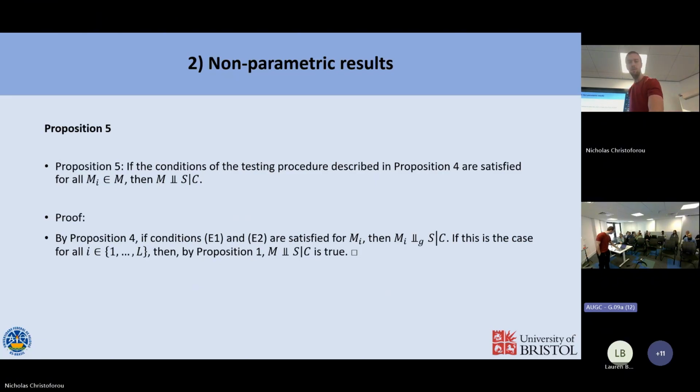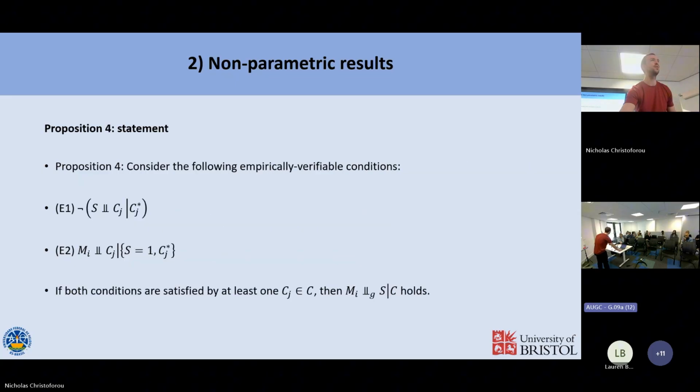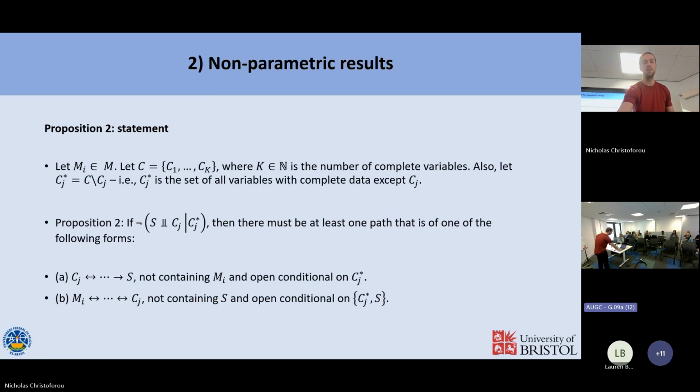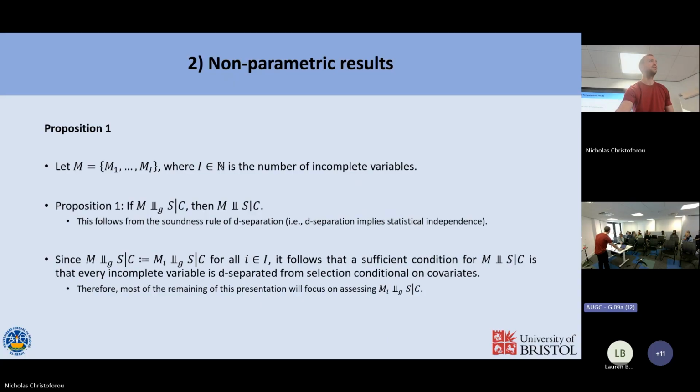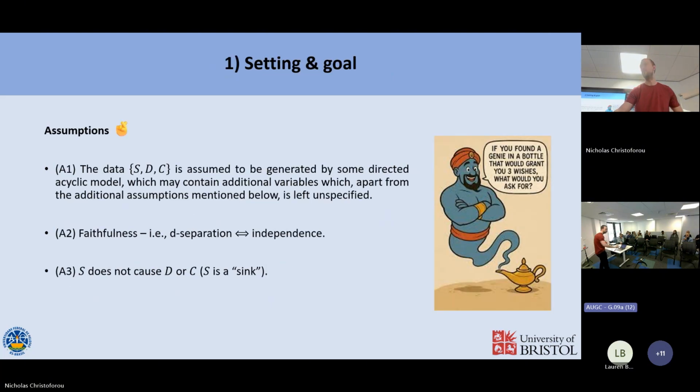If you start an iterative process of adding and removing seeds until the conditions of proposition 4 are satisfied, you don't know if you're actually finding a valid covariate set for selection bias adjustment, or if you're optimizing for violations of, say, A2 or something like that.